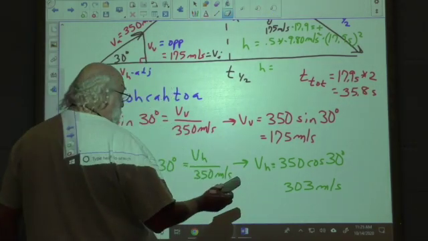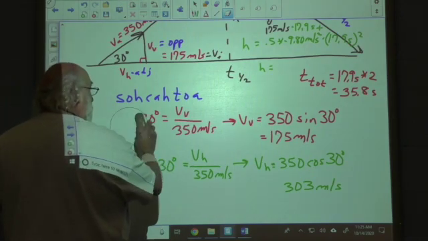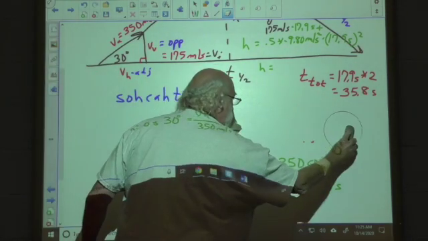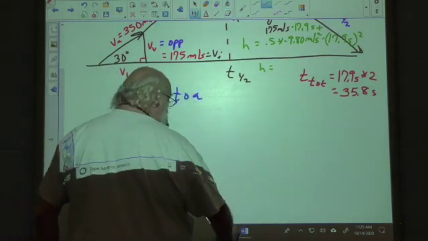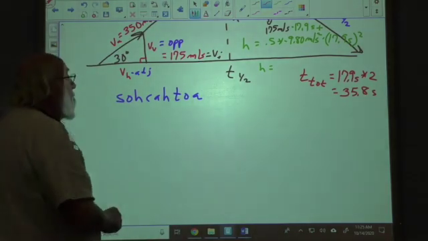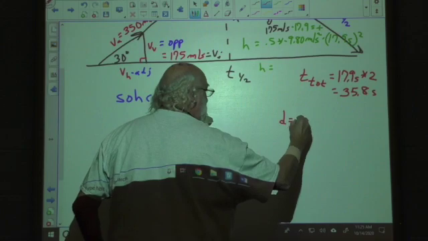So now we're going to pick it up from where we did the 35.8. And since it's non-accelerating, d equals vt.